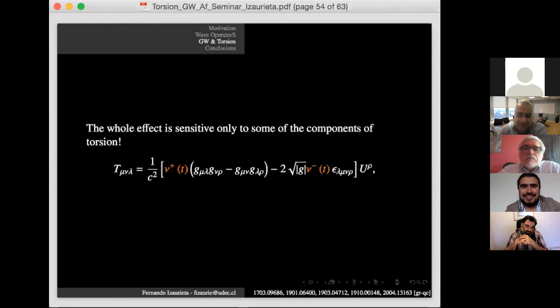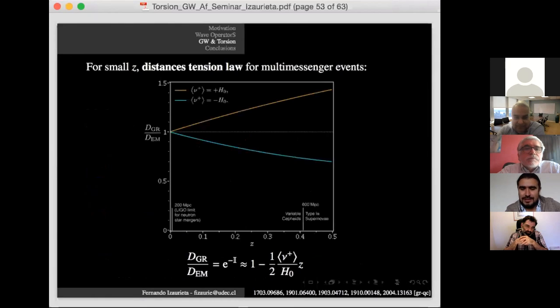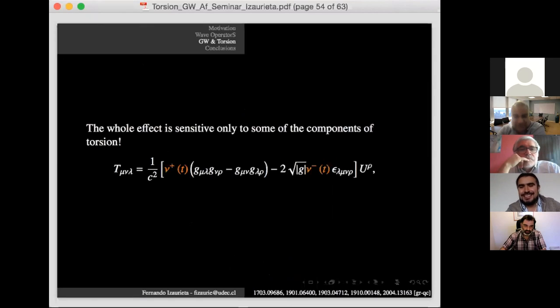Here, only this new plus component of torsion changed the propagation of amplitude. This completely antisymmetric piece does not. Exactly, precisely, because it's like an axion. If you have only this, then exactly. But you can distinguish experimentally. Exactly.